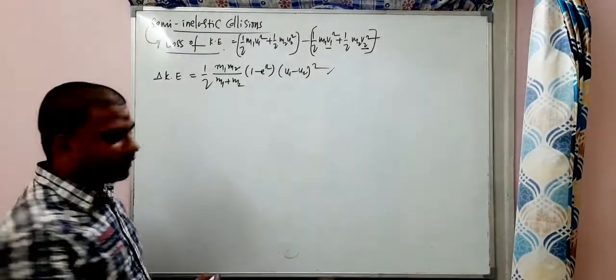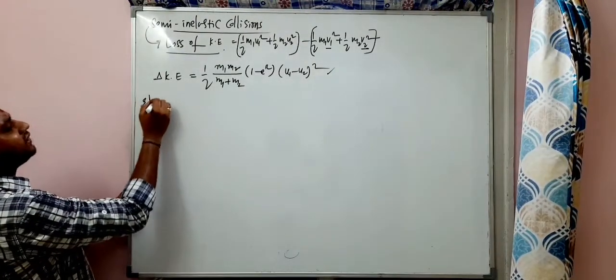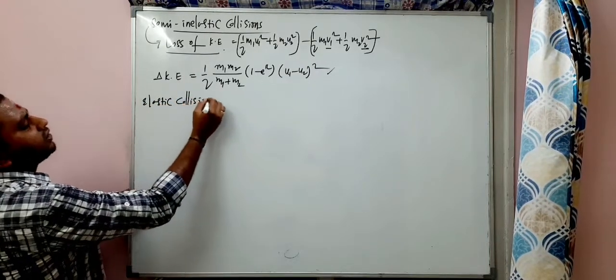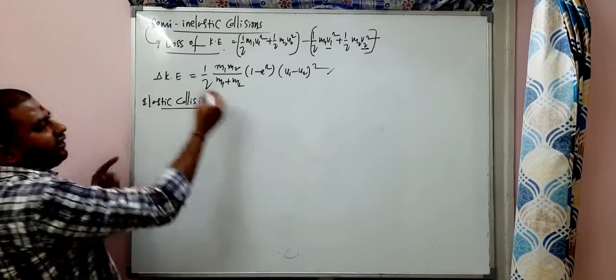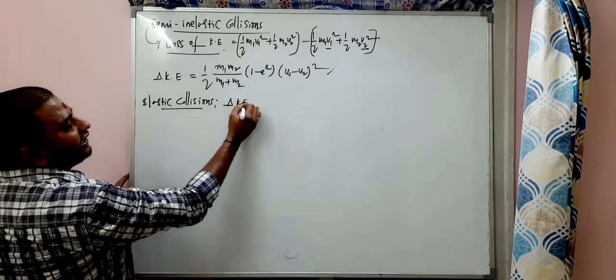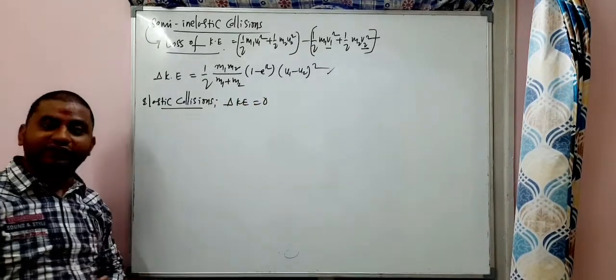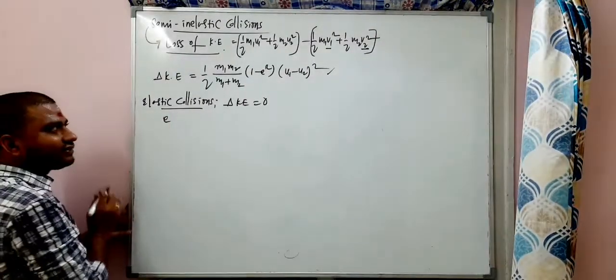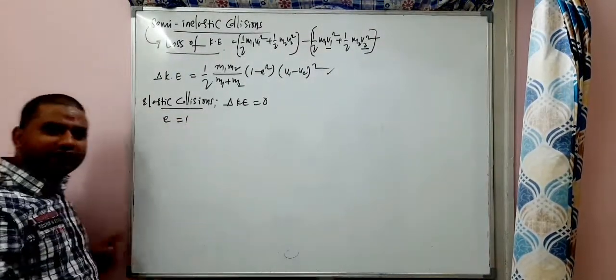Observe carefully. For elastic collisions, we have concluded previously that the loss of kinetic energy is 0. Why does it come 0? For elastic collisions, the e value is 1.